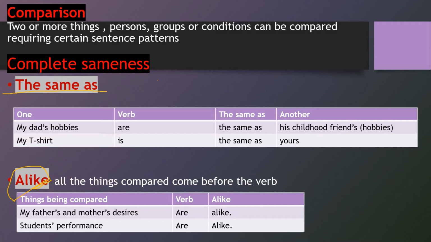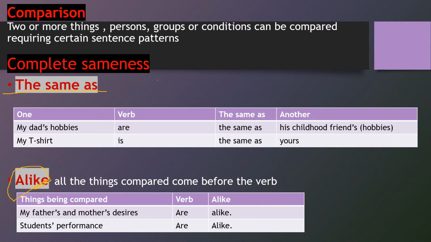If we compare it with the other tool, which is "alike", here all the things that you are comparing come before the verb. For instance, in this column I'm inserting my father's and mother's desires. I am comparing my father's and mother's desires, and I'm placing them in front of the verb "are alike". Another example: students' performances are alike.